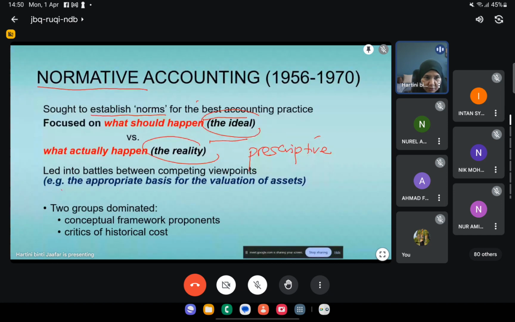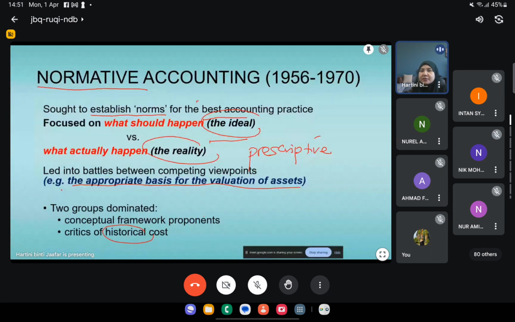For example, the focus is on the basis for the valuation of asset. So what is the best valuation of asset? Because there has been a lot of criticism regarding the historical cost concept. Cost minus accumulated depreciation, what does that really mean actually? So a lot of people are suggesting that assets should not be reported based on historical value, because depending on the type of asset, some assets decrease in value, some assets depreciate in value, some assets will increase in value.